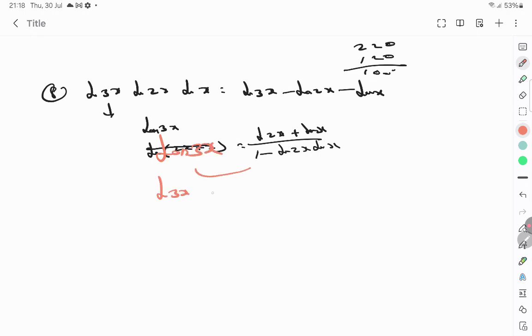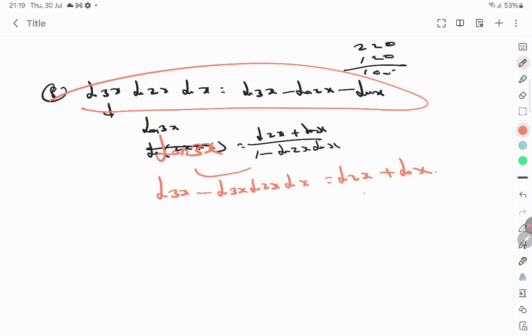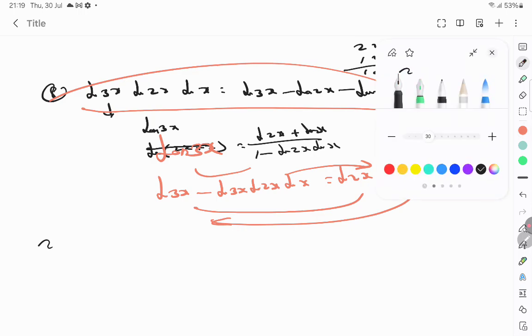You get tan 3x minus tan 3x tan 2x tan x is equal to tan 2x plus tan x. Group according to what you want: tan 3x minus tan 2x minus tan x, and this can come to the other side, and you proved what you want. It's such a sum that has got to be remembered.